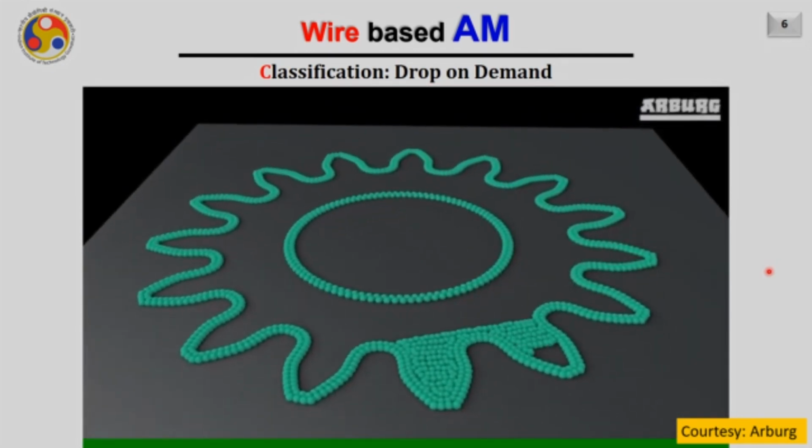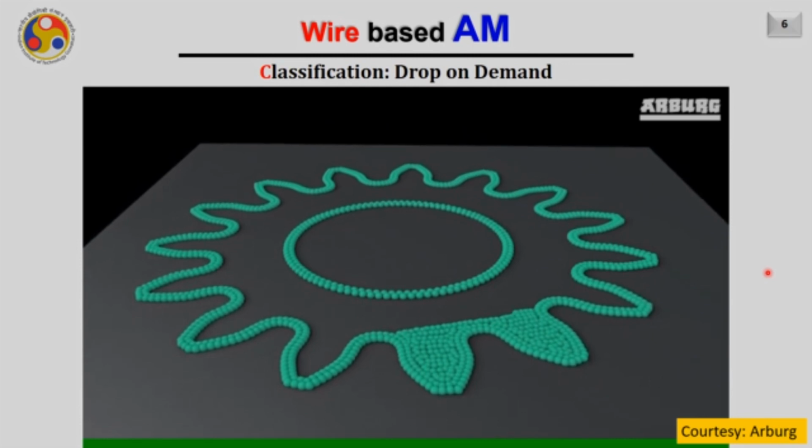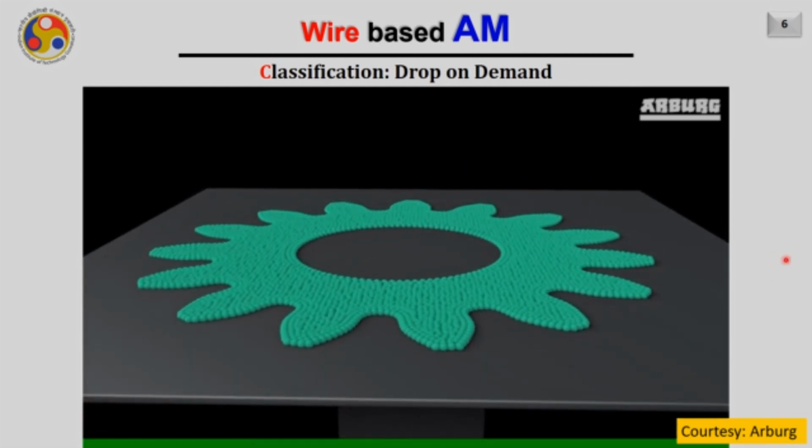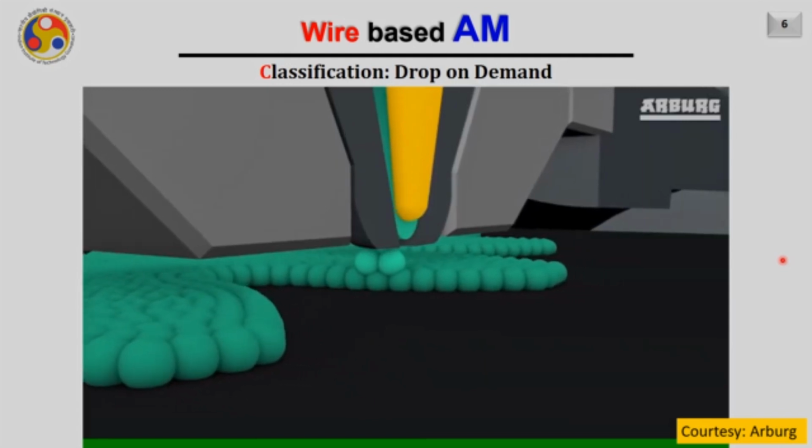It repeats, the rest of the process remains the same. We deposit the outer periphery and then we fill the inside area, and then we repeat the process and build the whole object like this.